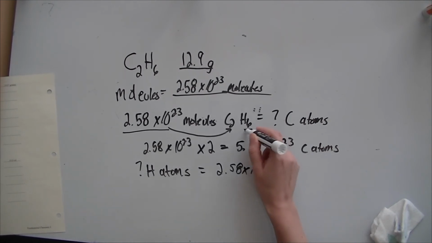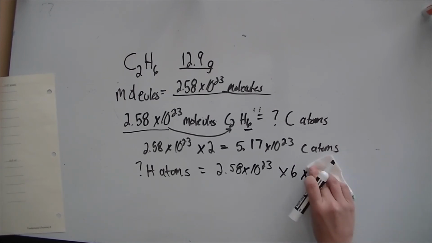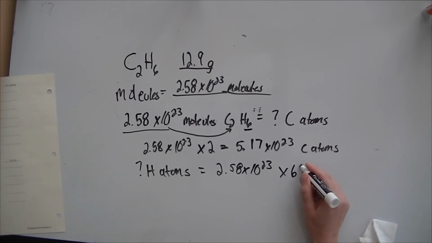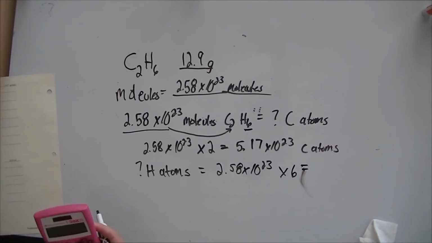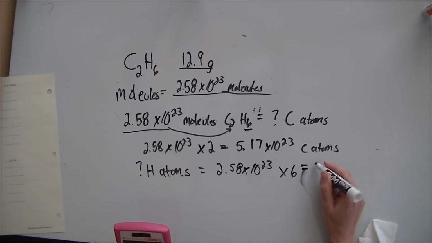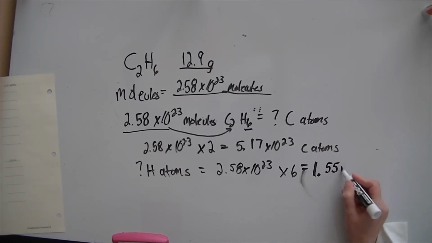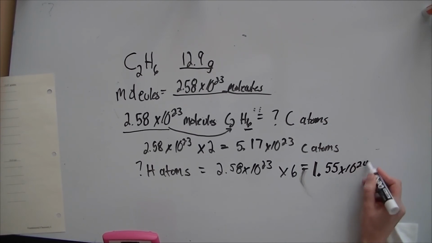In this case, the subscript is 6, so multiplying by 6 is going to give me 1.55 times 10 to the 24th atoms.